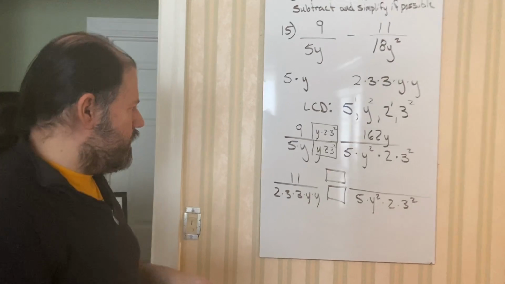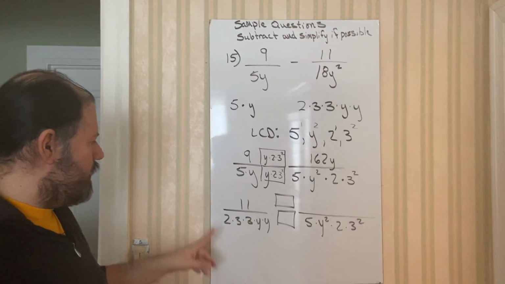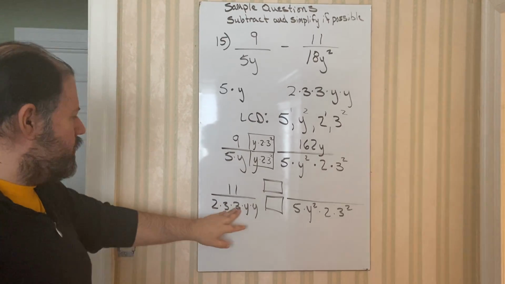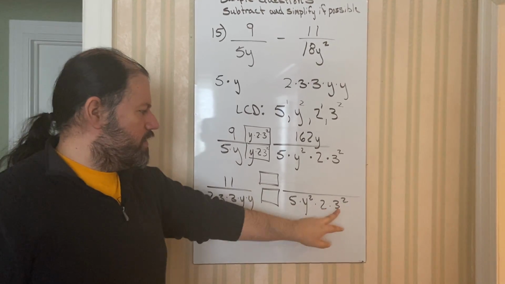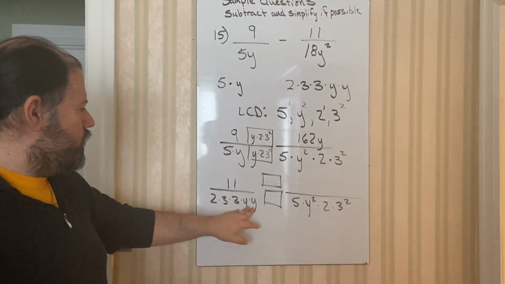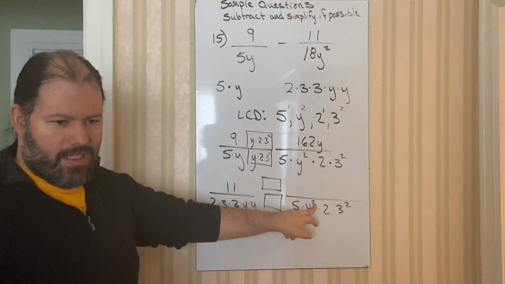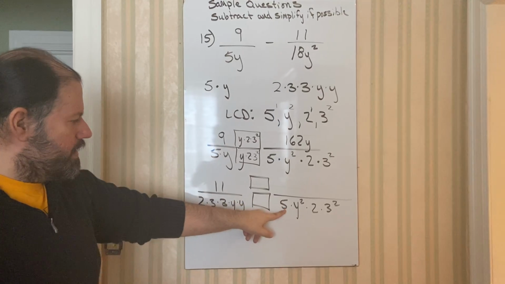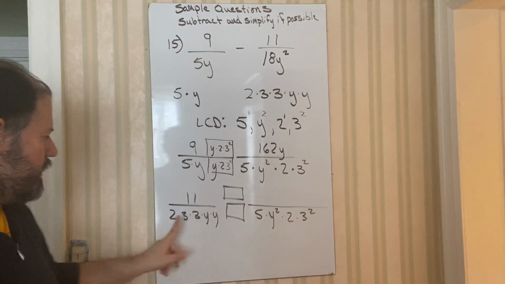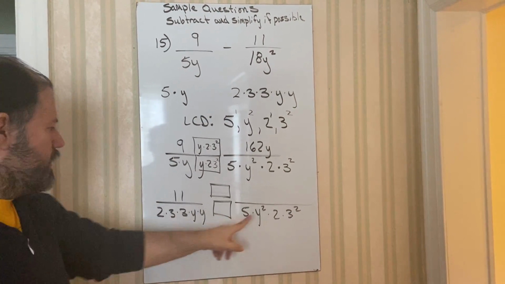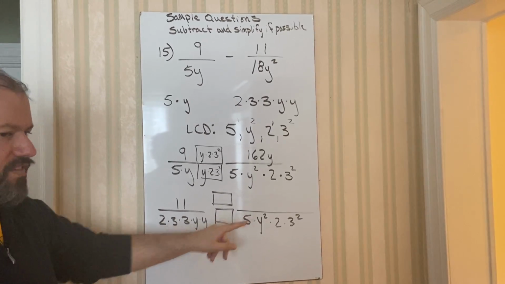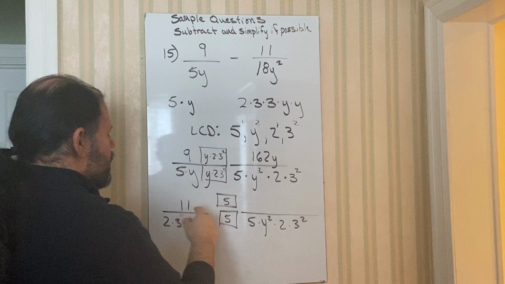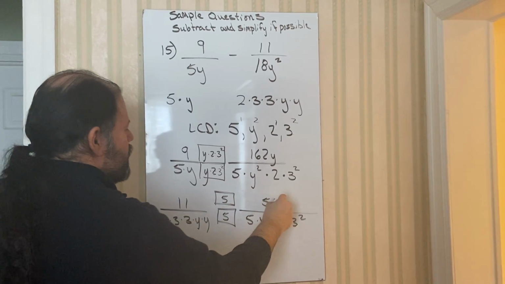So you can see what your extra pieces are. The 2, 2. 2 threes, 2 threes. 2 y's, 2 y's. So notice the only extra piece is this 5, because this is here, these are here, these are here. This is the only extra piece. So put the 5 here, and then 11 times 5 is 55.